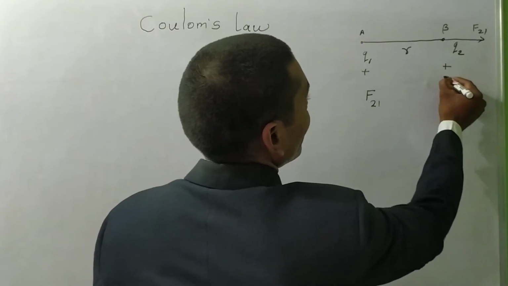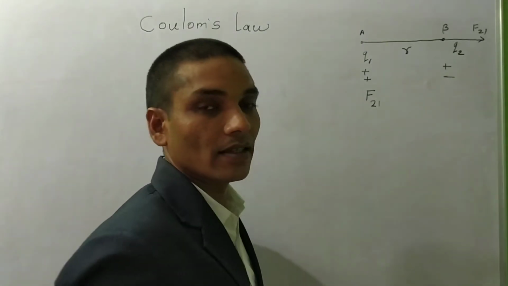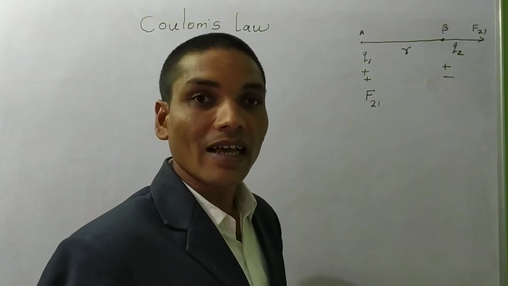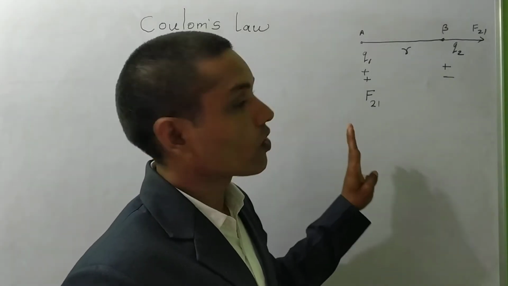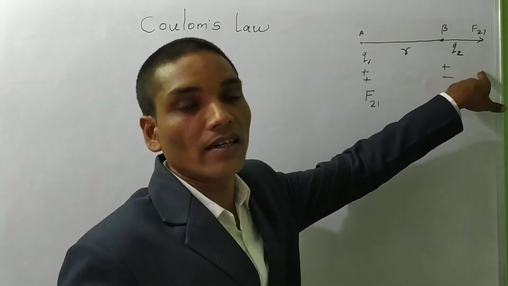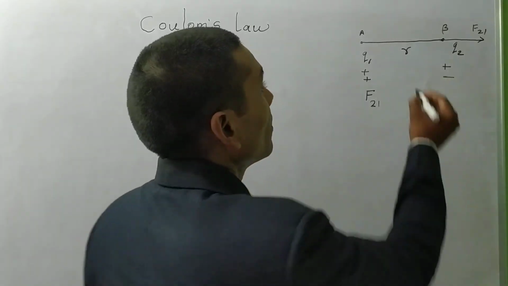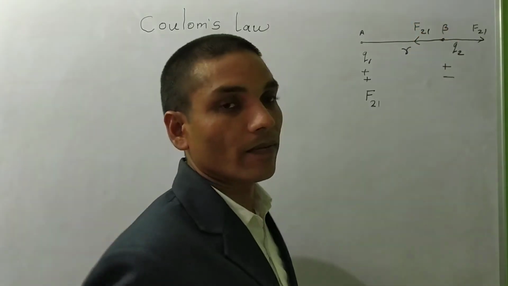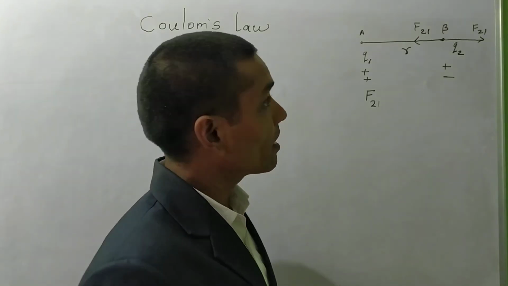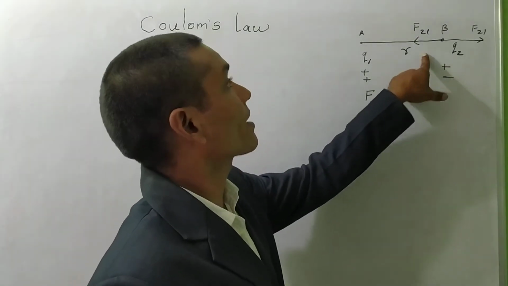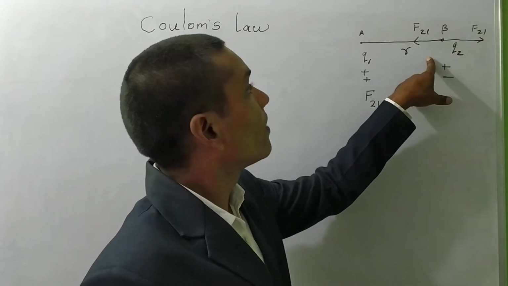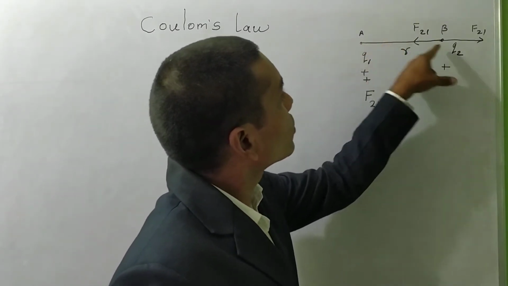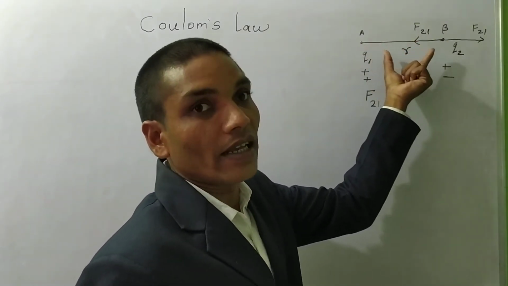If this is negative and this is positive, in the case of unlike charges, then the direction of the electrostatic force experienced by the second charge will be along this direction, F21. But in both cases the direction of the electrostatic force is along the line joining the two point charges.